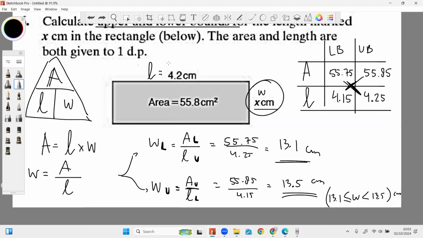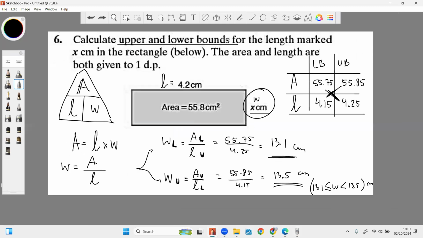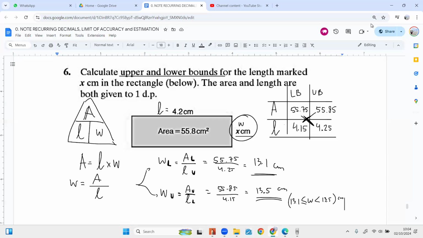This is for the word problems for upper bound and lower bound calculation. Actually, this is for the drawing, and the drawing is not to scale. Therefore, if you get 13 here, you can see that 13 cannot be shorter than 4.2.